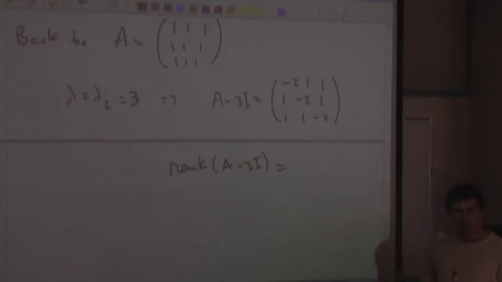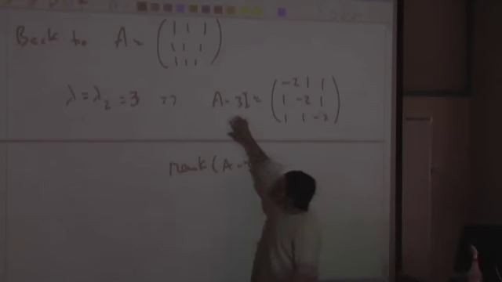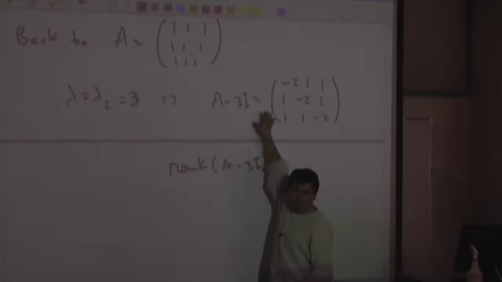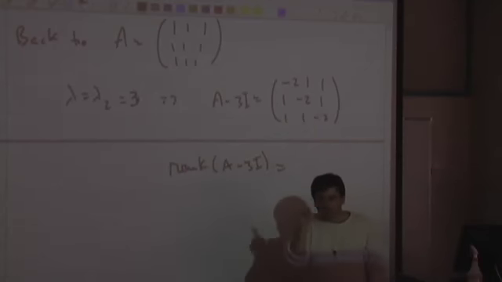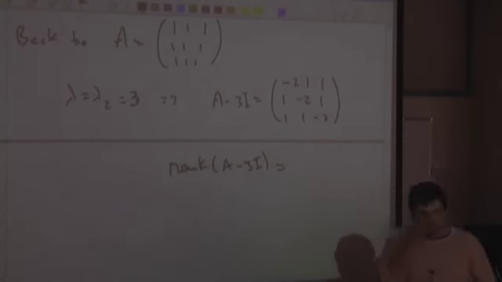Can you have rank 3? No. Why not? Because the determinant of this, that's how we found 3. The determinant of this is 0. A matrix with determinant 0 means it's not invertible, right? That means the columns are not linearly independent. So you cannot have 3 linearly independent columns, right?